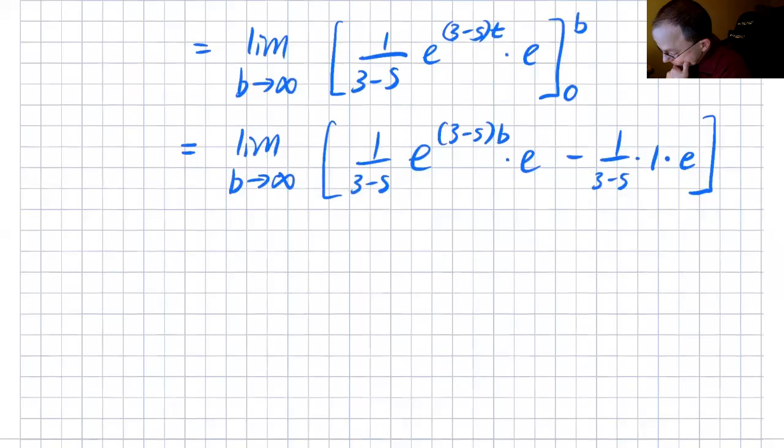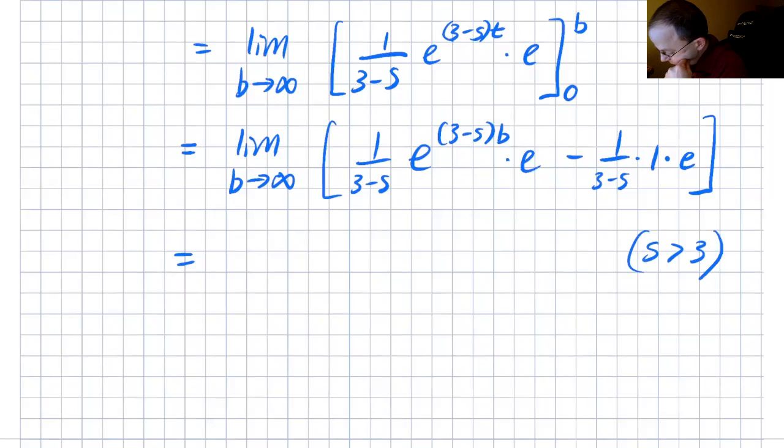Okay. So now if this 3 minus s is negative, then this term here will go to 0. So we're thinking about 3 minus s being negative, in other words, s is greater than 3. So usually there's some sort of an interval or a range for s to be valid here for these Laplace transforms.